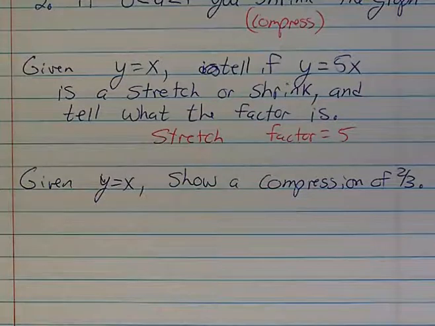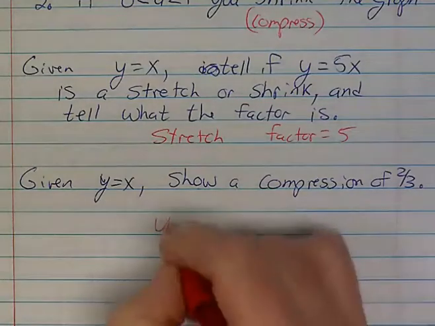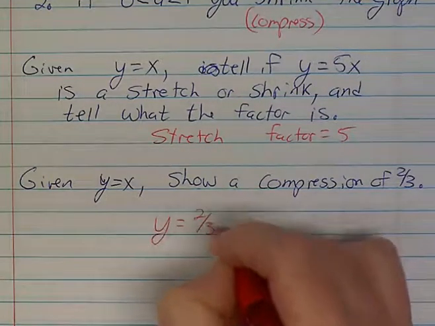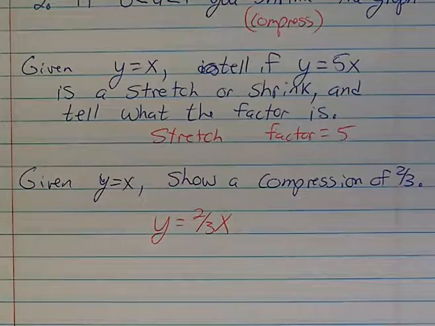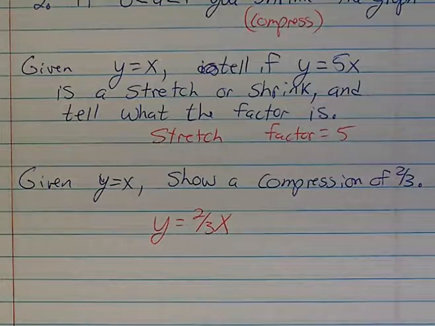Okay, so all we're going to do is take that 2/3 and multiply it by x. There you go. That's it. So if they give you a number that's a factor, you just multiply x by that number. That's all you have to do.